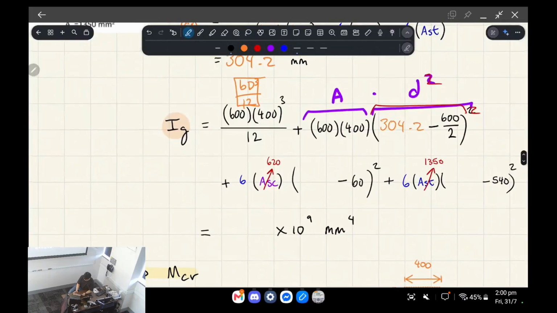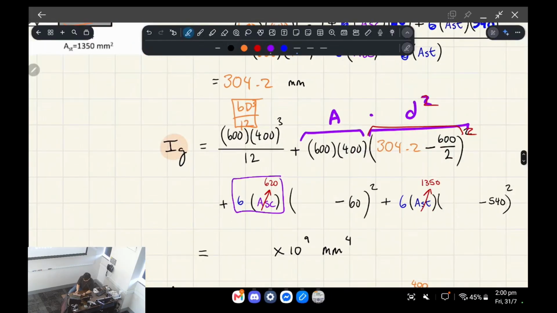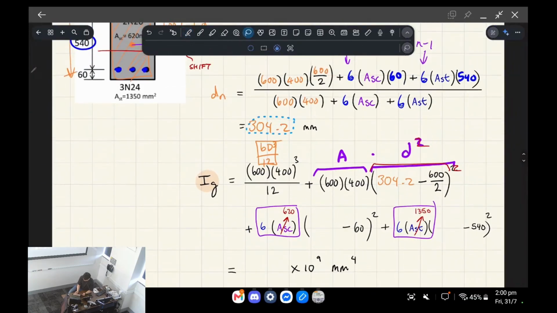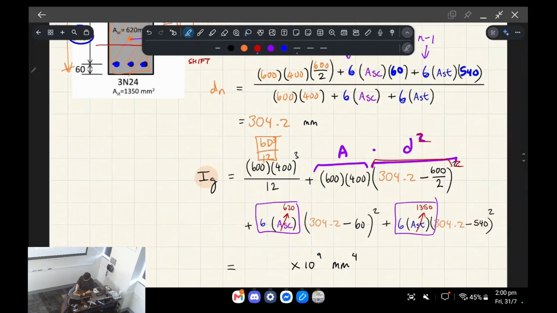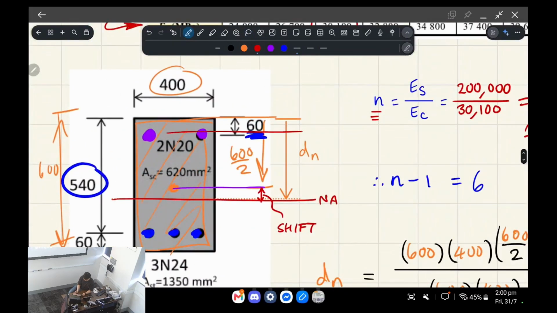Now we shift the steel as well. Again, we get the area, which is n minus 1 multiplied by the area of the steel. And then we work out the shift distance. Every time you need the depth to the neutral axis as one distance, and then the other one is the depth. So that's dn minus 60 for the case of the compressive steel. So we're now taking this as the shift distance for the compressive steel.